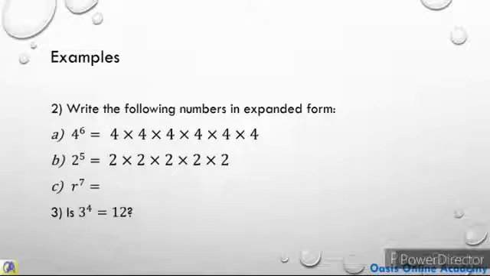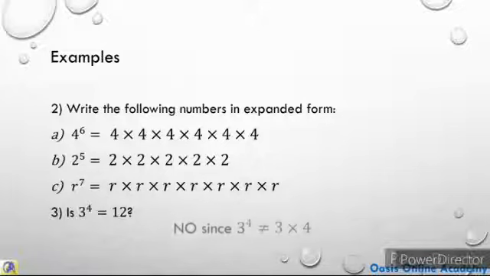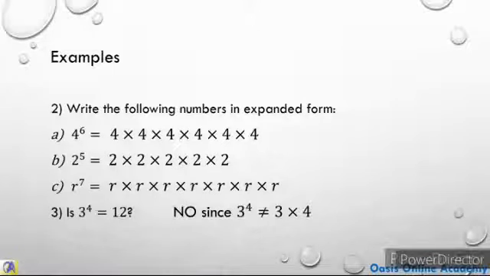Then the next one is 2 multiplying itself repeatedly 5 times, and then r multiplying itself repeatedly 7 times. Now, the last question is 3 to the power 4 equal to 12? The answer is no. Since 3 to the power 4 is not equal to 3 times 4. Rather, it is 3 times 3 times 3 times 3.